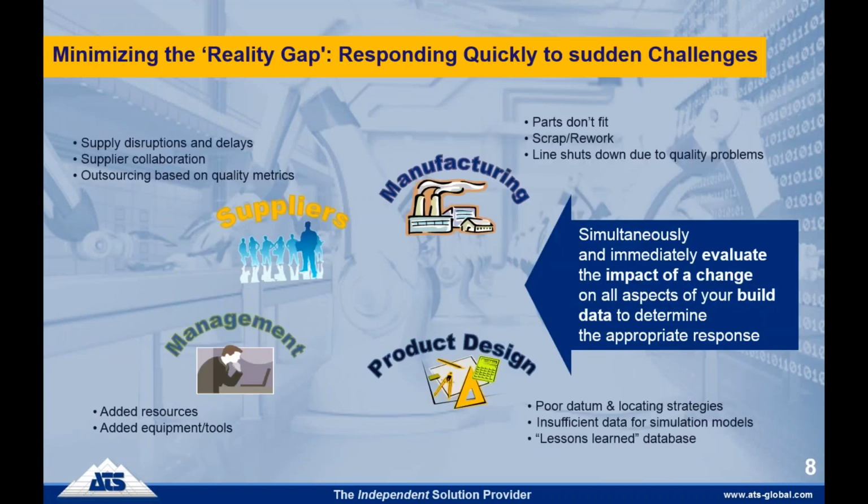So with these various functions of the CM4D software and data integration and storage, it means that you're delivering the reporting content to anyone in your organization, and this allows you to minimize that reality gap time for efficient reporting, dramatically increase the ability to respond quickly and effectively to sudden challenges, and therefore increase communication between different aspects of the organization.